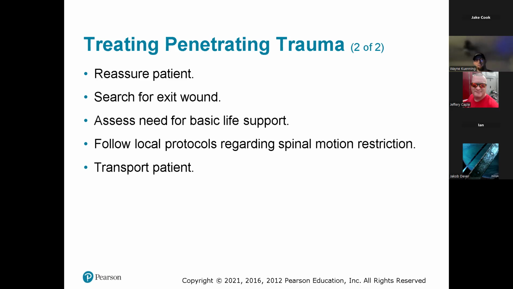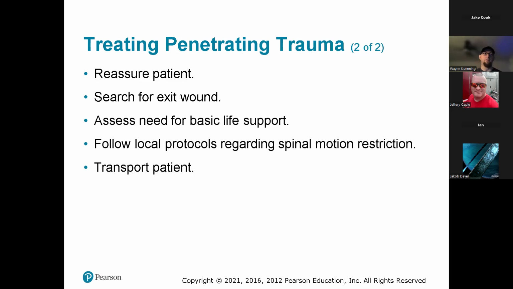Assess needs for basic life support, and then if needed, spinal motion restriction. That's C-collar and backboard. I could be wrong, but I do believe the new standard is as long as the patient's compliant, unimpaired, and has no neurodeficits, C-collar suffices, and you're not required to backboard.